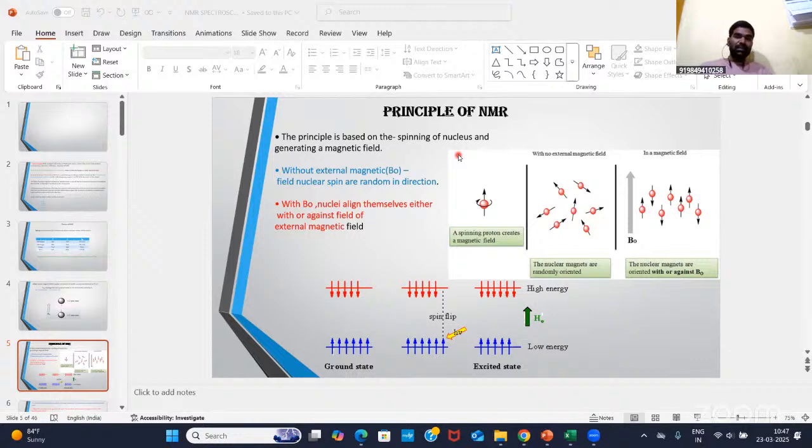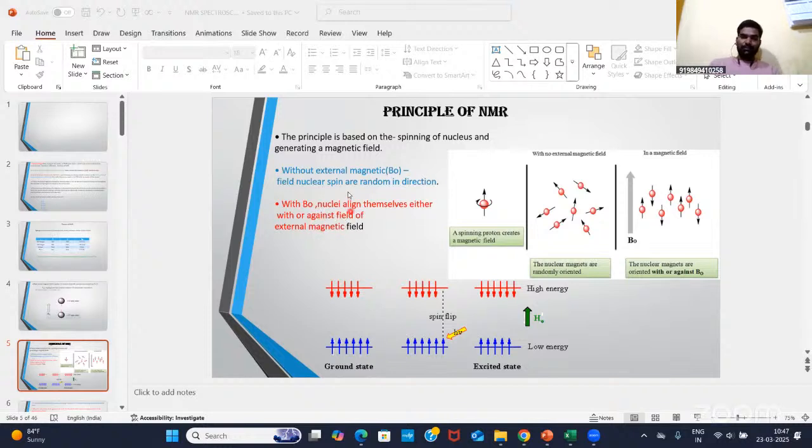Without an external magnetic field, the nuclear spins are in random directions, so the orientation and movement of these nuclear spins will be random. When you apply a magnetic field, the nuclei align themselves either with or against the external magnetic field.